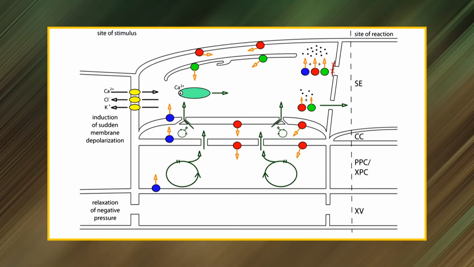Changes in transcellular turgor pressure are known to act directly on plasmodesmal conductivity. An indirect action could result from a turgor-induced Ca2+ cascade that may lead to an alteration in plasmodesmal conductivity.